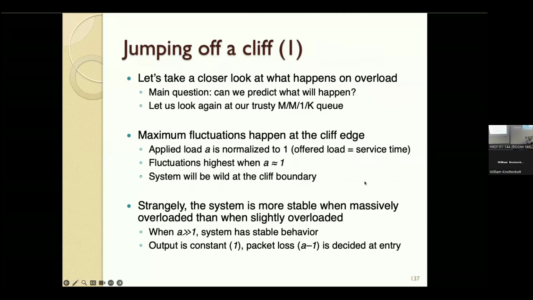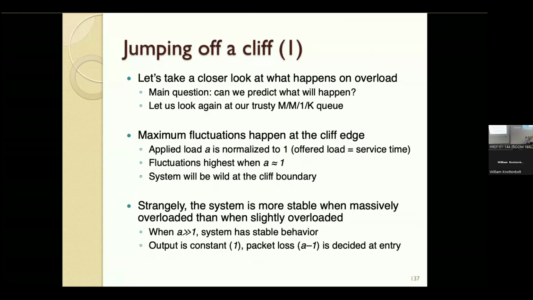So the first thing is the maximum fluctuations happen at the edge. When the load is normalized to 1, the delay for every single packet will fluctuate depending on how full or empty the buffer was when the packet arrived, and it will fluctuate highly. I will show you the delta Q in a minute. So the system, which was very calm at low load, becomes very wild right at the boundary.